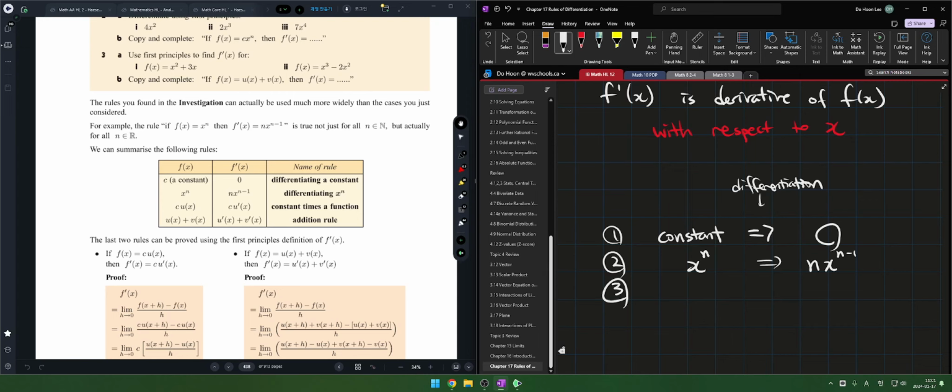Next one. Let's say we have a function that is in the shape of c of u of x. Okay, so c of u of x is just a fancy way of saying like 2x or 3x squared or something like that. When you have a constant times some function, or in other words, if you have a coefficient, I think it's just better to say coefficient here.